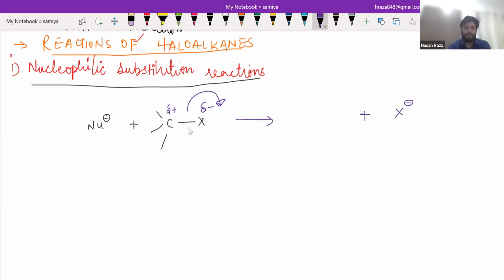Now when X takes the electron from carbon, carbon becomes electron deficient, and that's why this nucleophile will attack the carbon and this product will be formed. This type of reaction is called a nucleophilic substitution reaction. Is that clear?